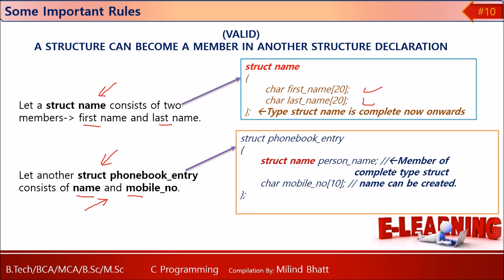So in structure phone book entry, I am creating one member person name whose type is of this structure name, and one character mobile number of 10. In this way I can create a member inside a structure which is actually a structure itself.